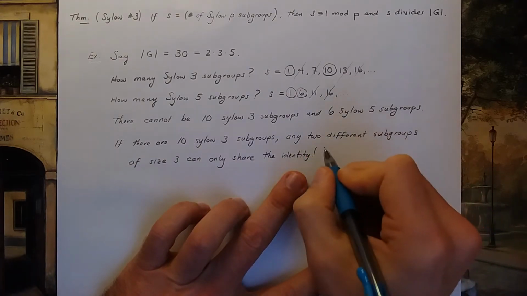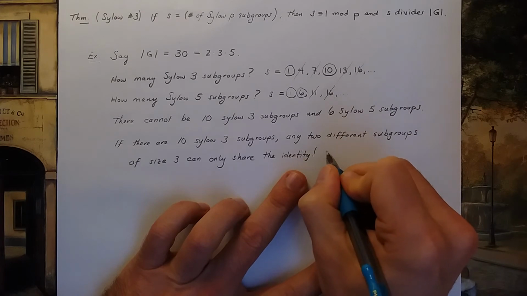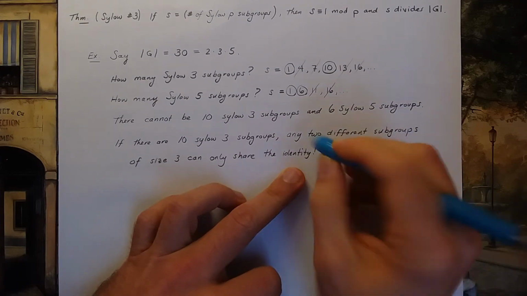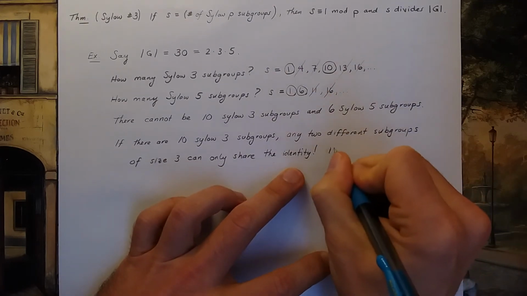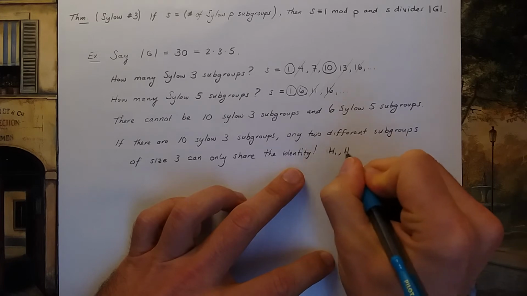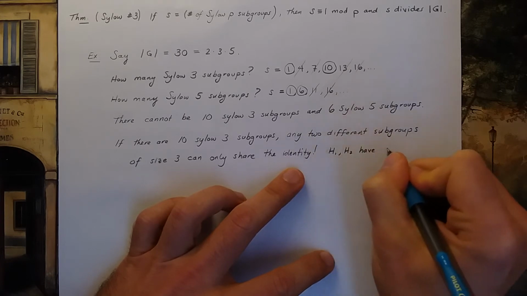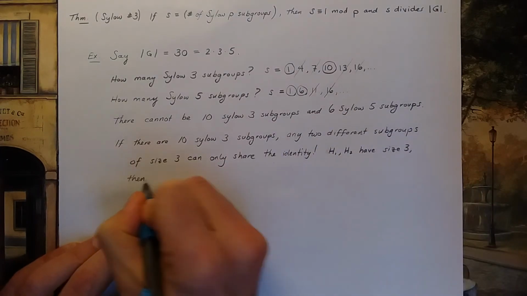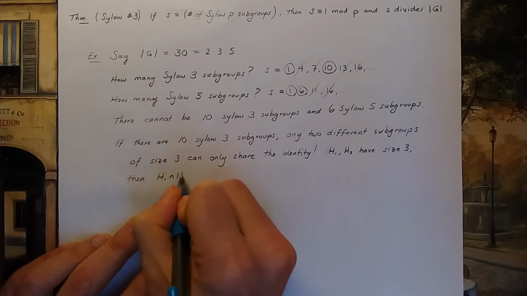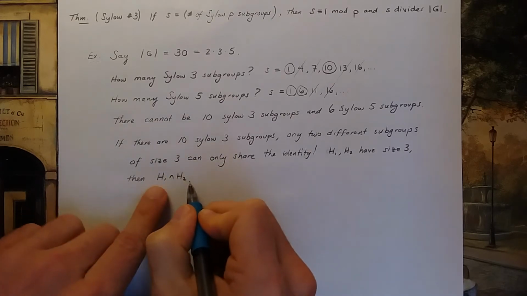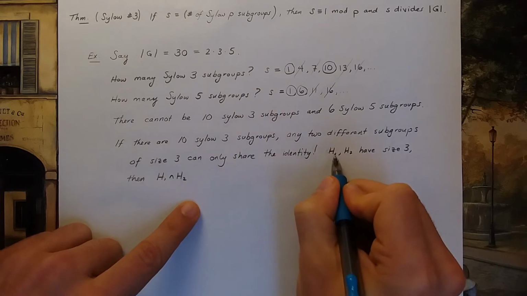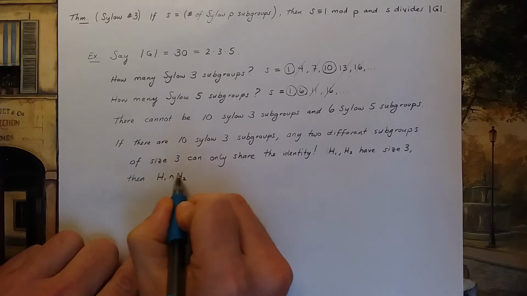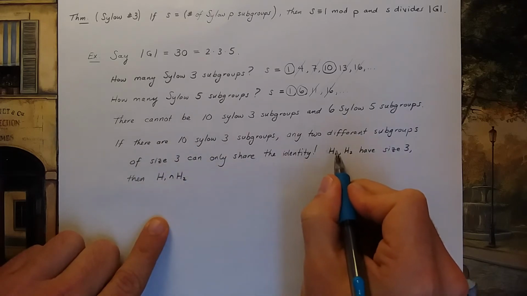Why is that? Well, if H1 and H2 have size 3, then the intersection is a subgroup of H1.